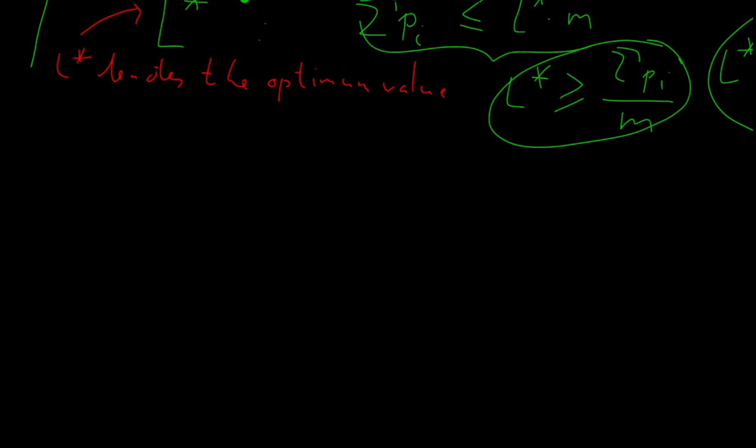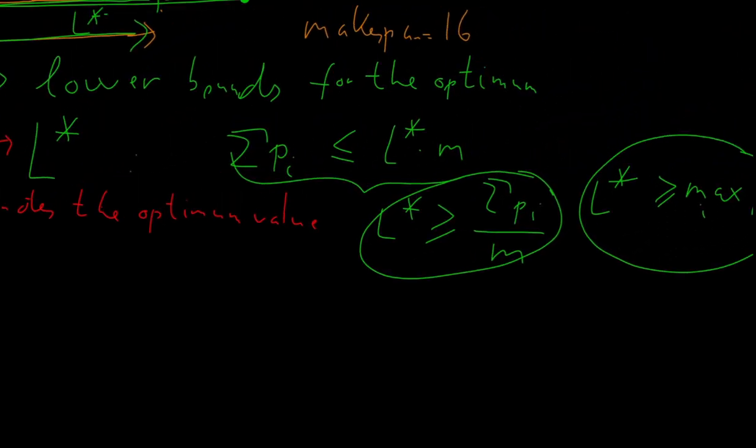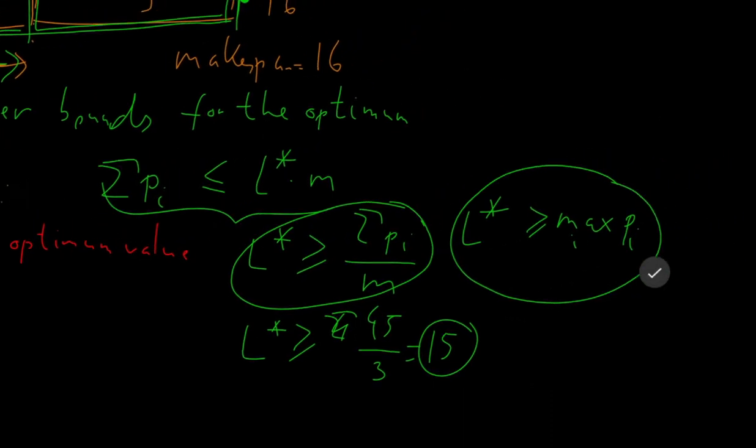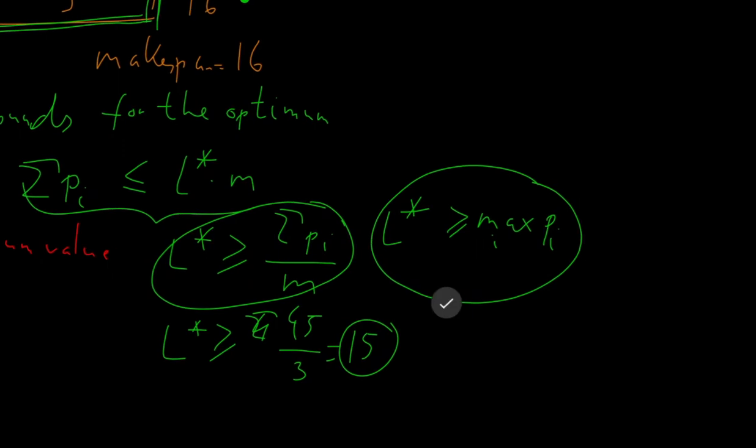Now, for this particular input, we get that L star is at least the sum of the numbers from 1 to 9, which is 45, divided by m, which was 3. So this bound says that the optimal solution has a cost of at least 15, and this other bound says that the optimal solution is at least 9.